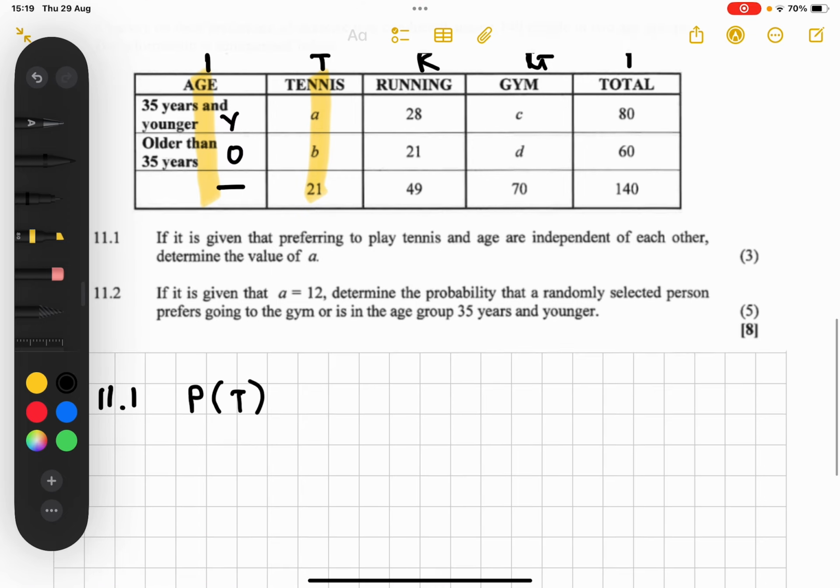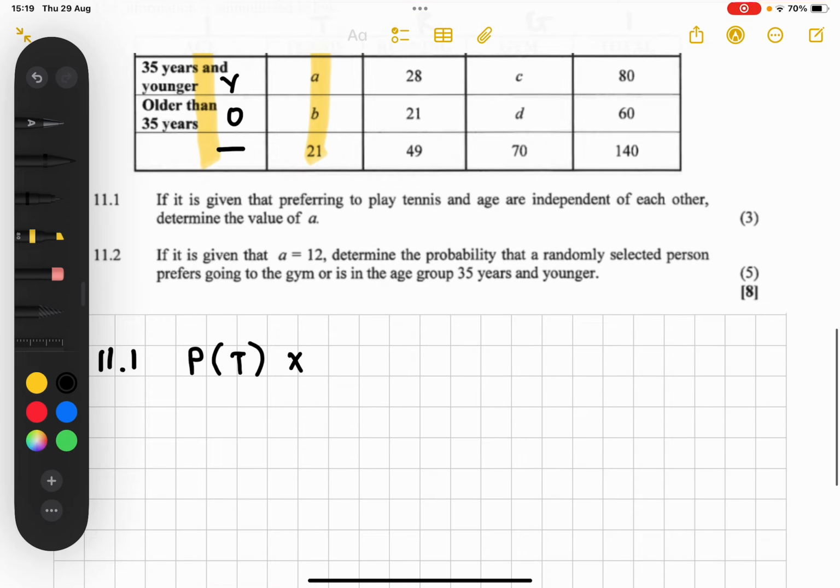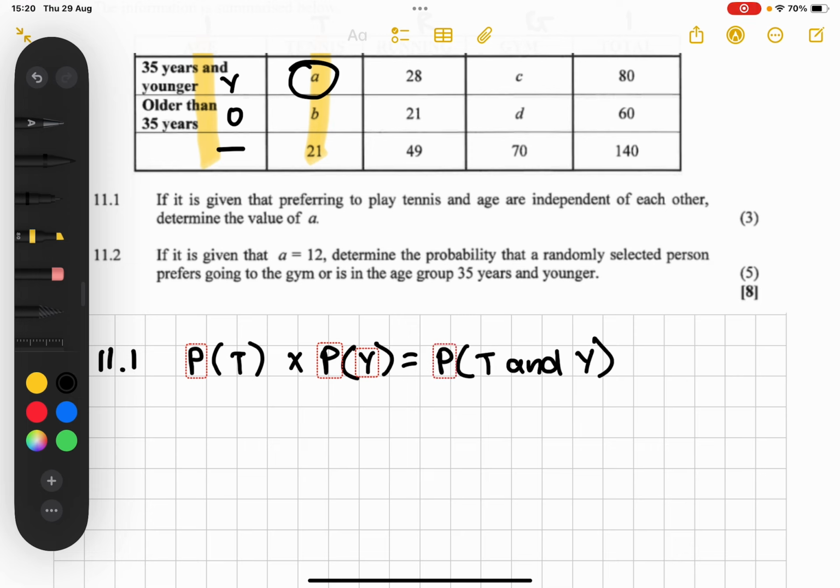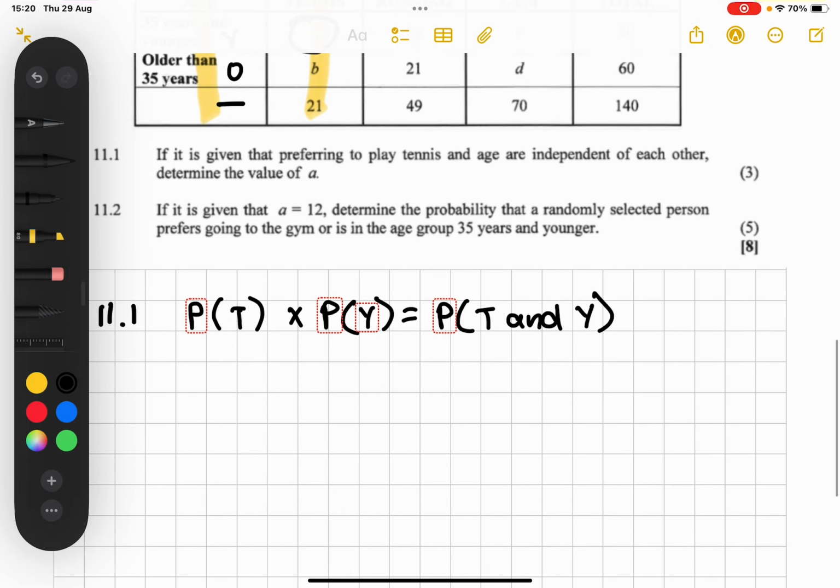The probability of tennis times the probability of young, because we're looking for our A value, is going to be equal to the probability of someone playing tennis and being under the age of 35, being young.